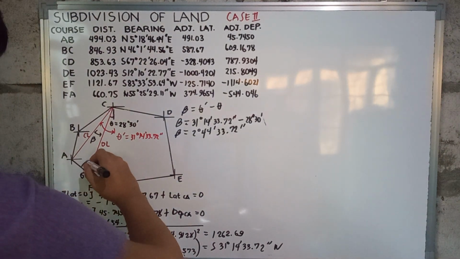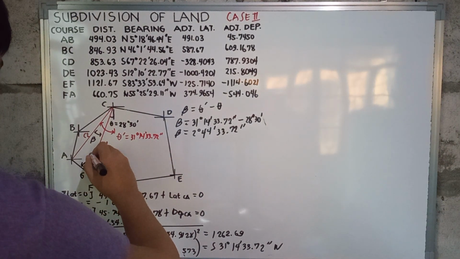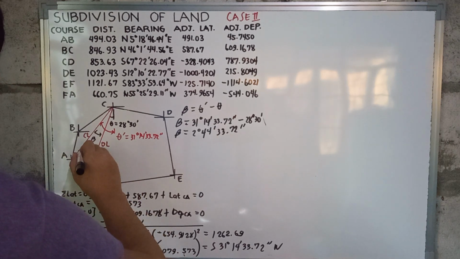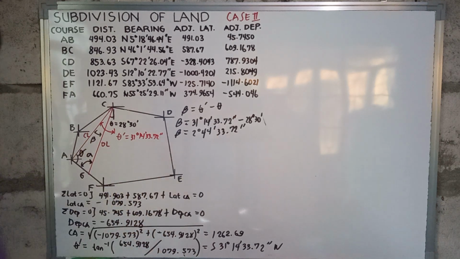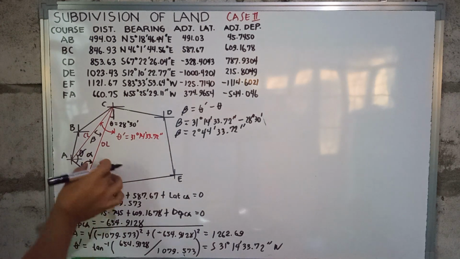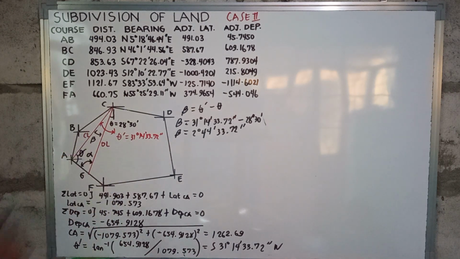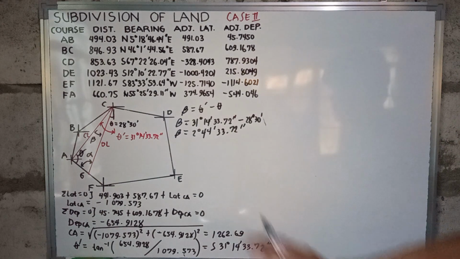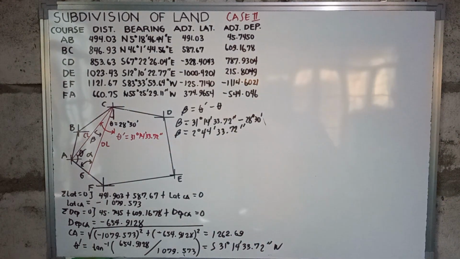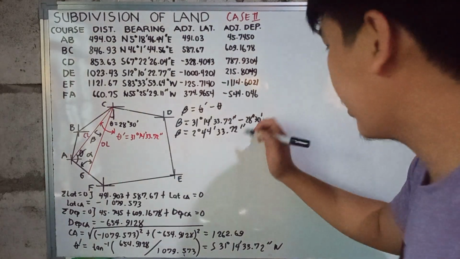Let's say, this is angle alpha. And then, eto naman, that is angle P. So, eto alpha, P, tapos beta. So, mapapansin ninyo sa angle alpha natin, so, enlarge lang natin yung figure natin sa alpha natin. So, let's say, this is our alpha.